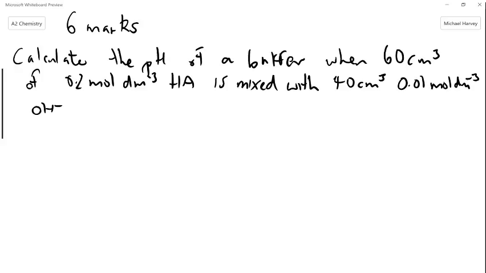And the other bit of information we're given is at this particular temperature the Ka of the HA, or the acid, is equal to 1.8 times 10 to the negative 5 moles per decimeters cubed.